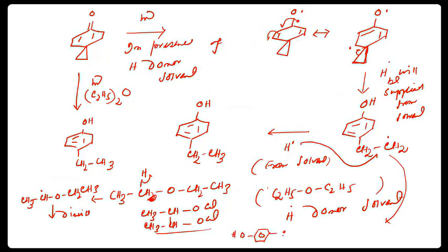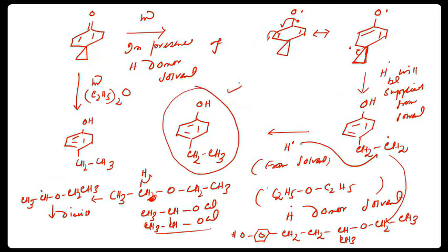Now here CH3, CH2. Now CH dot comes into the picture. Here CH3 and here O, CH2, CH3. And normally we don't need this product. We need only this. Okay. Then I'll show you an example.